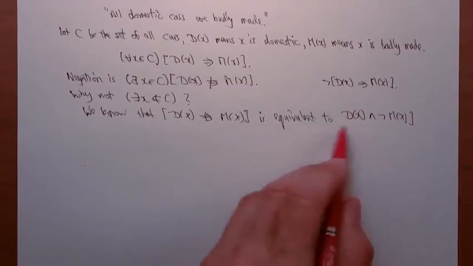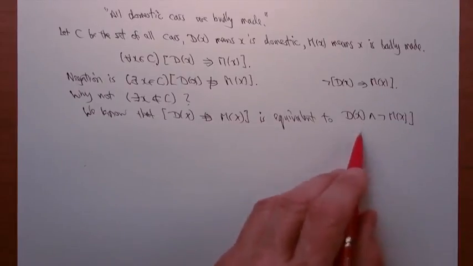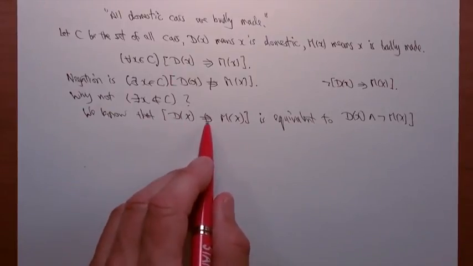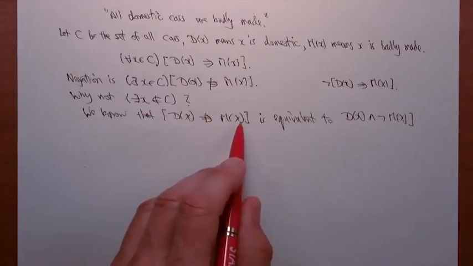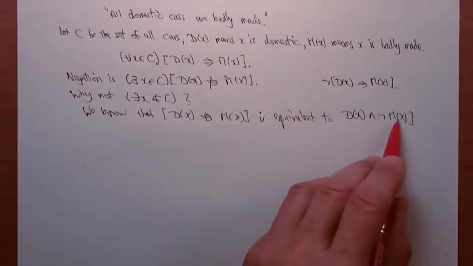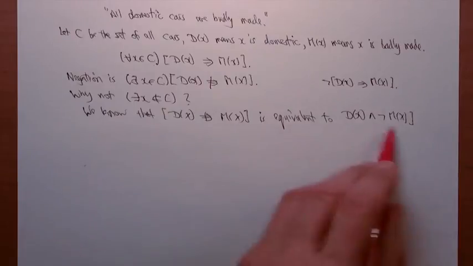In fact, this was the key part of our reasoning to figure out the truth table for the conditional. D of x does not imply M of x if D of x can hold and nevertheless M of x can fail. So we looked at this when we did truth tables.